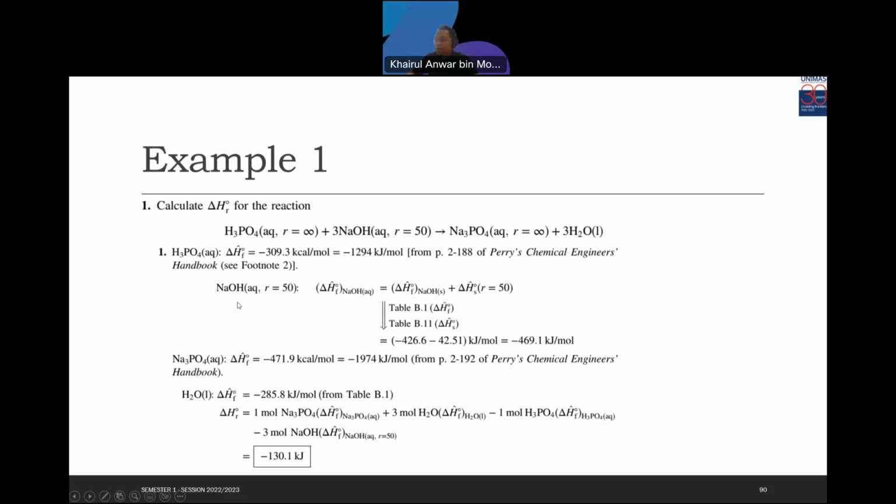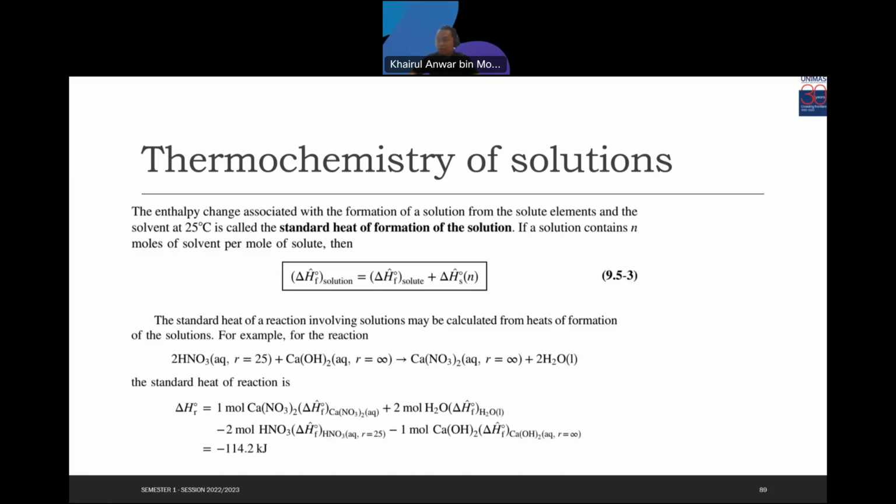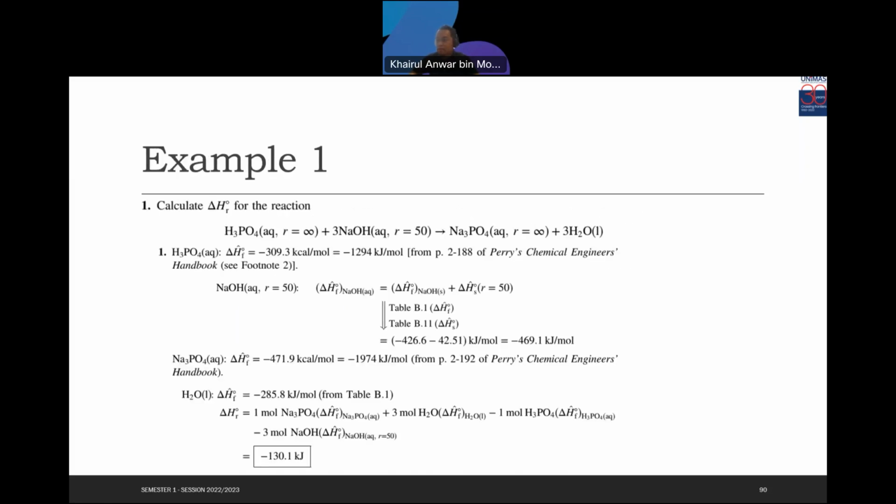So delta HF of the solution for NaOH is negative 469 kilojoule per mole. For Na3PO4, the delta HF is negative 471, also from Perry's Chemical Engineers' Handbook, in kilocalorie per mole, converted to kilojoule per mole is negative 1900.